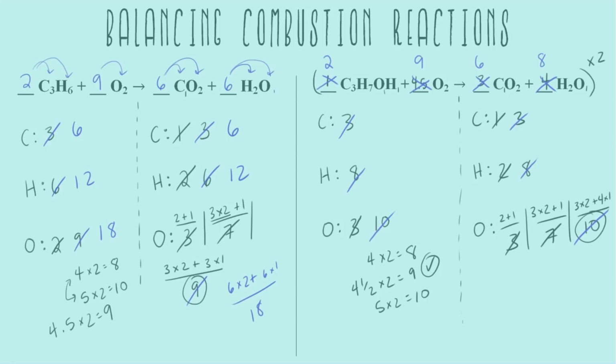And now just double checking to make sure I'm definitely balanced. For carbon, now I have 2 times 3, 6. For hydrogen, I now have 2 times 7 here, plus 2 times the 1 here. That gets me to 16. And for oxygen, I now have my 2 times 1 here, plus I have 9 times 2.